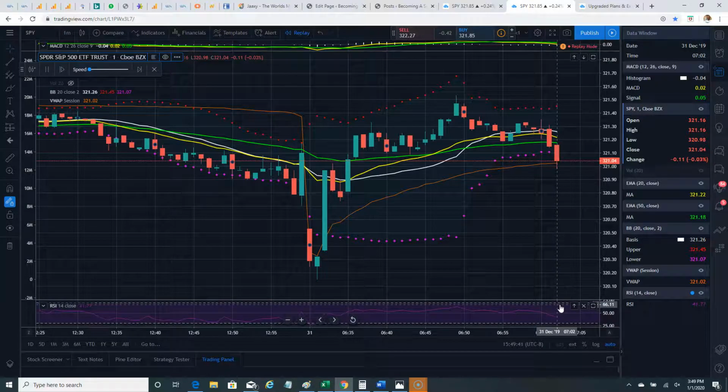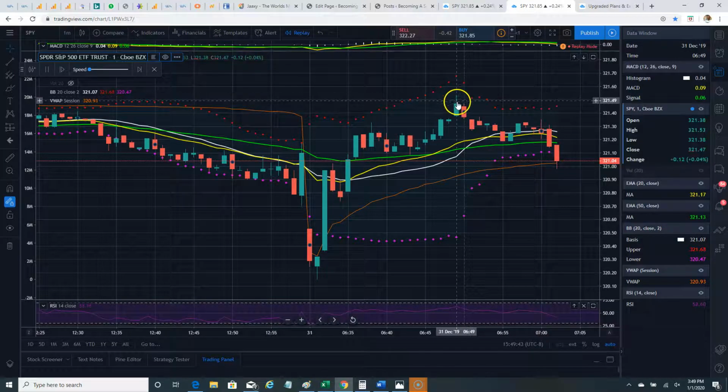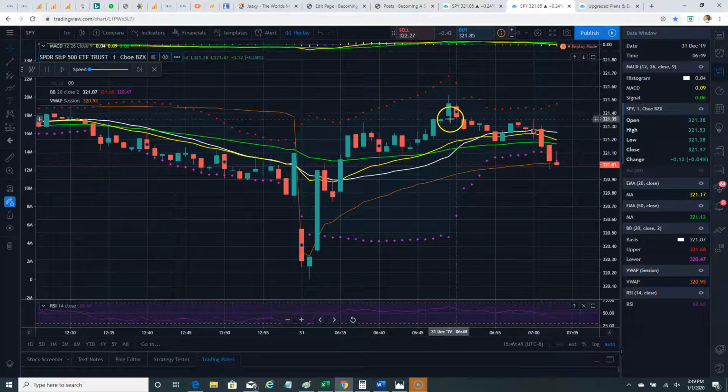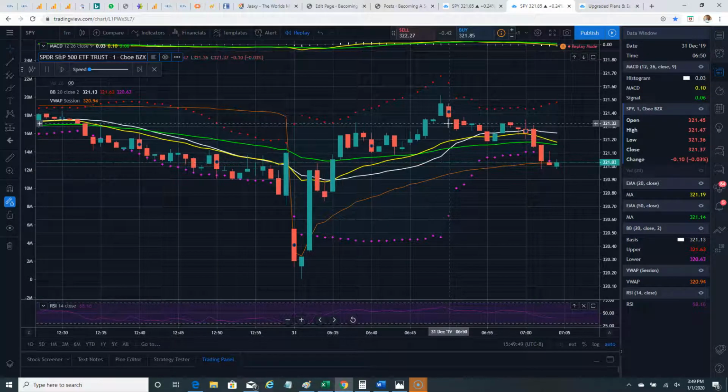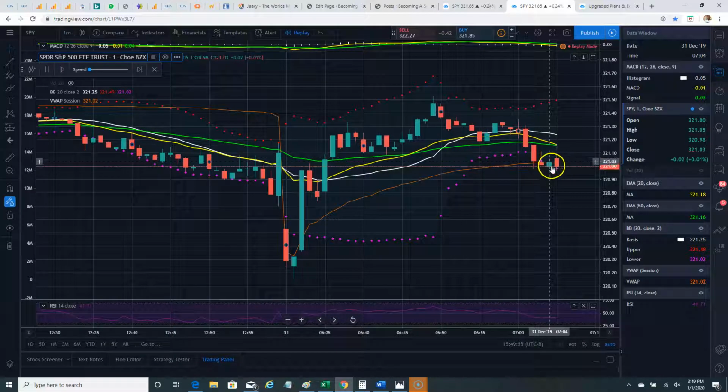Okay, so after hitting a high here at 6:49, 321.50, 321.53, here it goes back down below the VWAP.